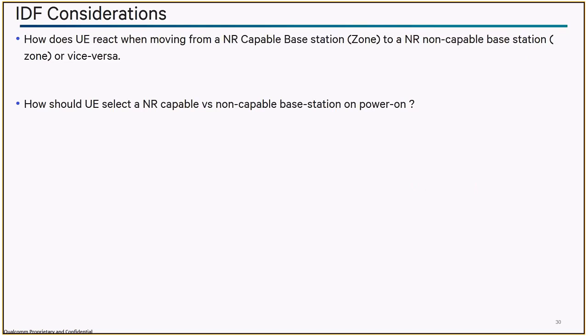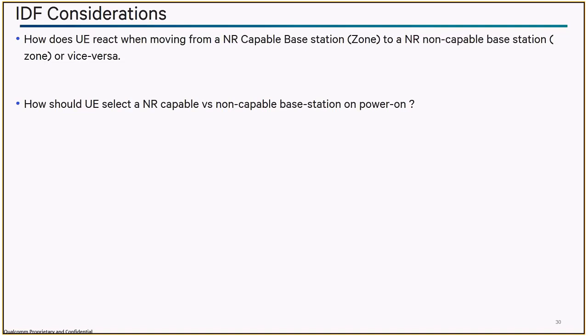The other idea is, for example, you are powering on and you want to camp onto a NR capable cell, but you get two E-UTRA signals, one from a NR capable and one from a NR non-capable base station. Ignoring the S criteria, how do you ensure you camp onto a NR capable base station?